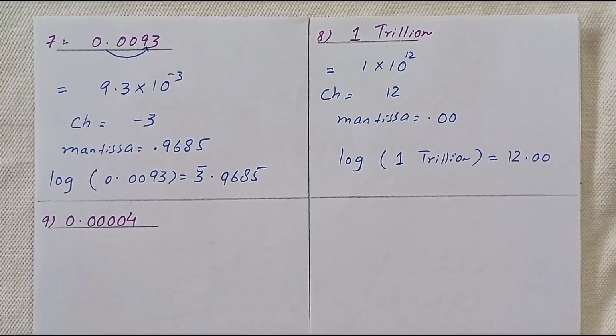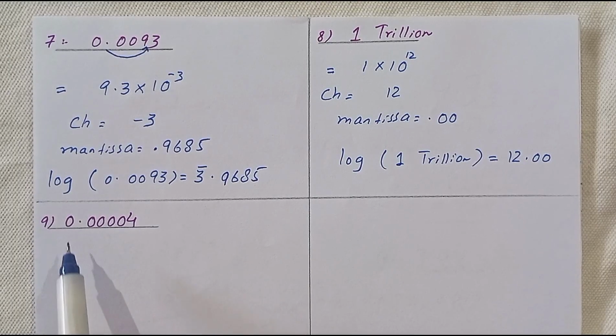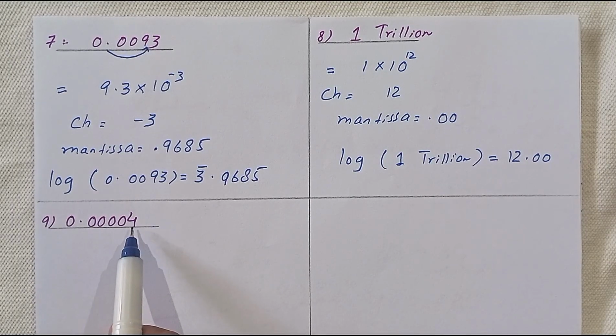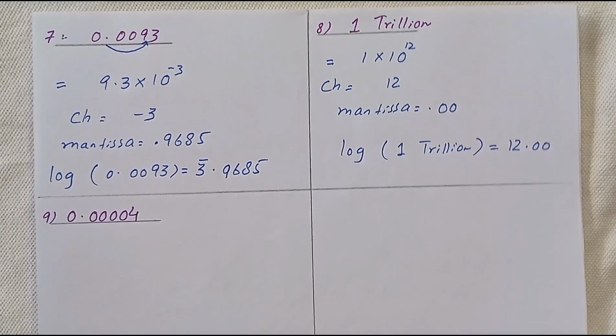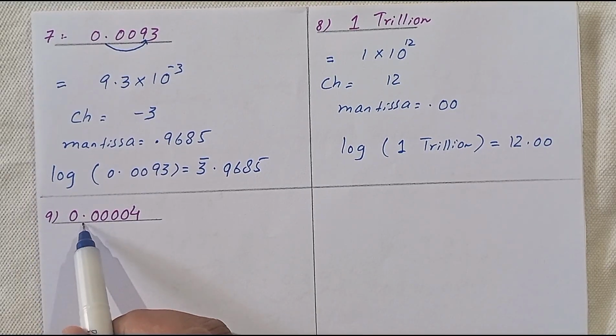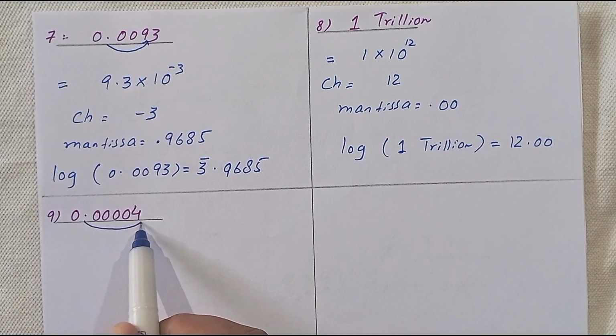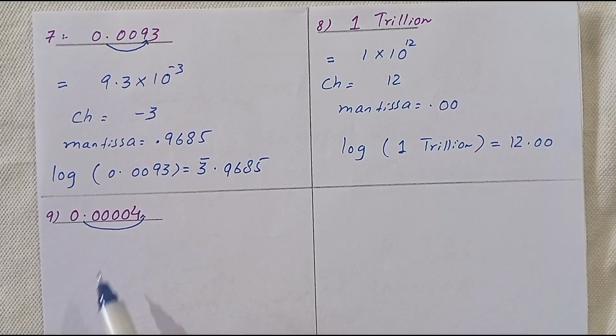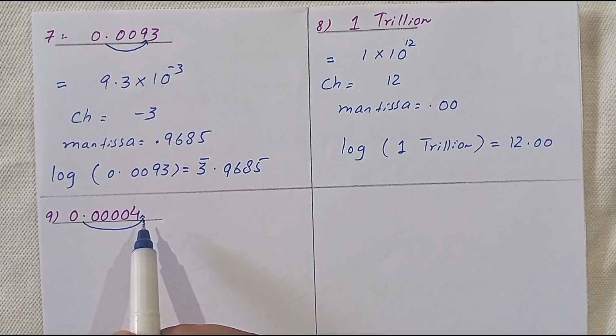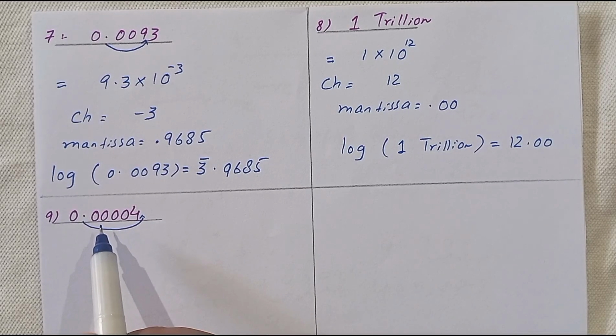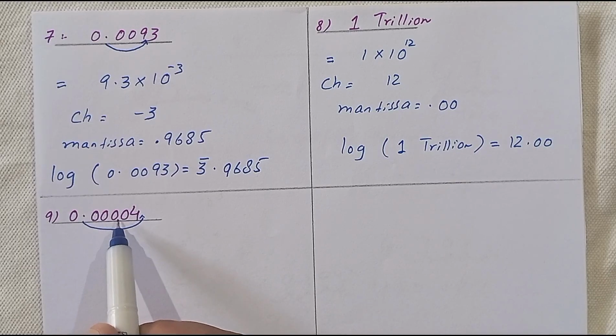So part 9 is we have to find the log of the value 0.00004. First we have to write it in scientific notation, moving the decimal point after the first non-zero number, that is 4. As we are moving to the right of the decimal, the power is negative, and counting the number of digits, 1, 2, 3, 4, 5.